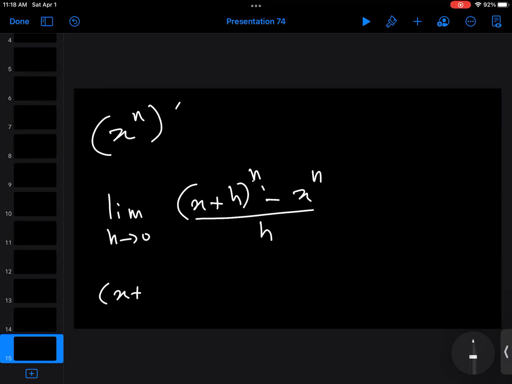So there's a formula for that. Maybe you know, maybe you don't know. (x plus h) to the power n, I can write it as the sum from k going from 0 to n. See, the n here is the same as the n here.